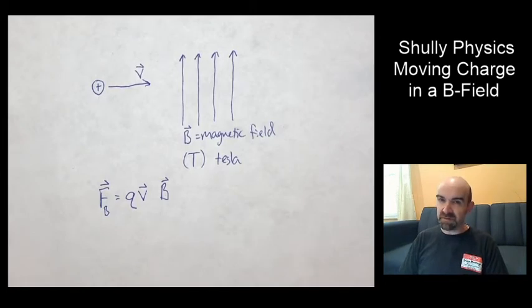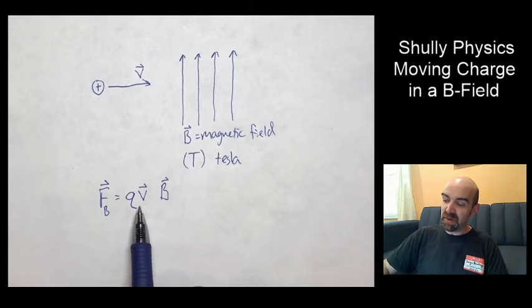Well, it turns out, and this is just the fundamental nature of a moving charge interacting with a magnetic field, that parallel components of velocity and magnetic field have zero effect on the force that's applied to that moving charge. That's right.